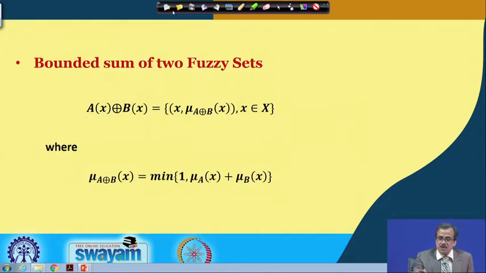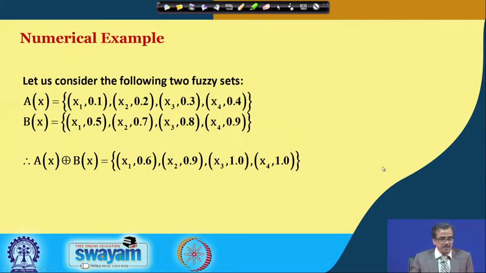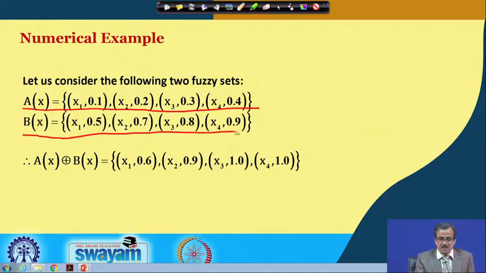Now, let us see how it works, and let me solve one numerical example for this bounded sum. Suppose A(x) is a discrete fuzzy set like this, and B(x) is another discrete fuzzy set like this.